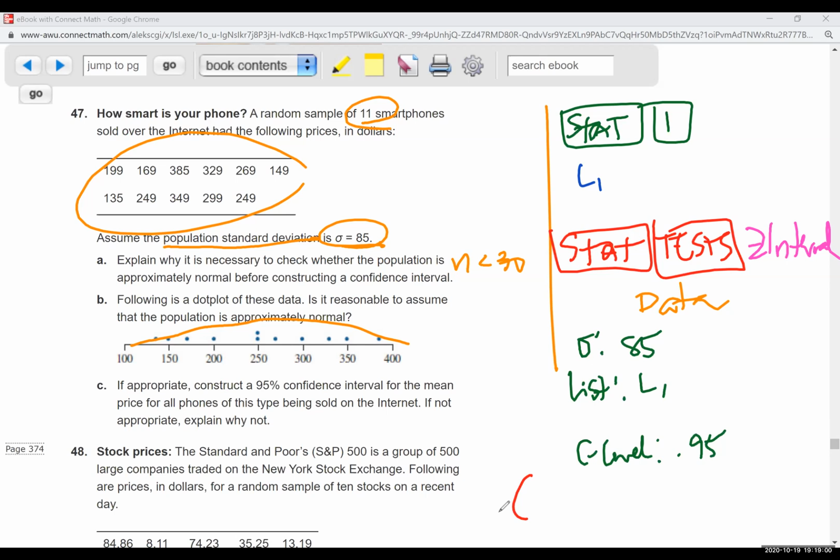Professor, it's not letting me input any more information without putting frequency. What do you mean? It's listed: input data, standard deviation 85, list L1, frequency, C level, and it's asking me for a frequency. It's 1. It's the default 1. Oh, okay. And what's your answer? Did you get that?